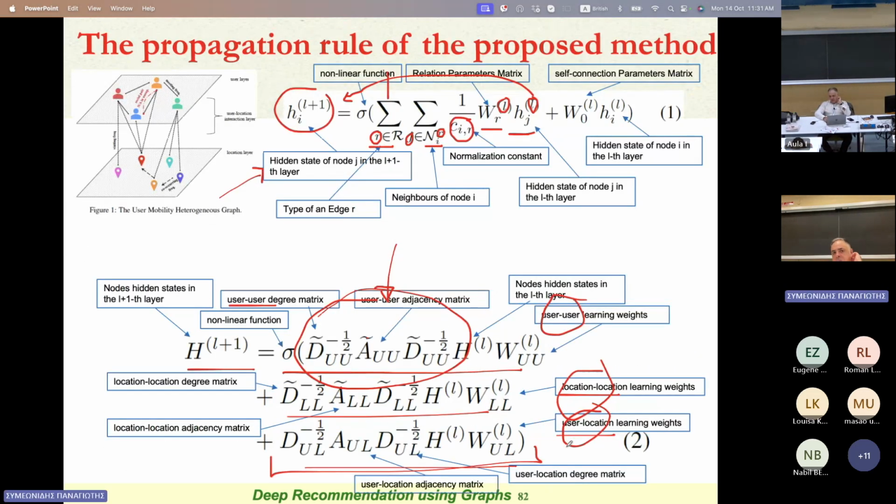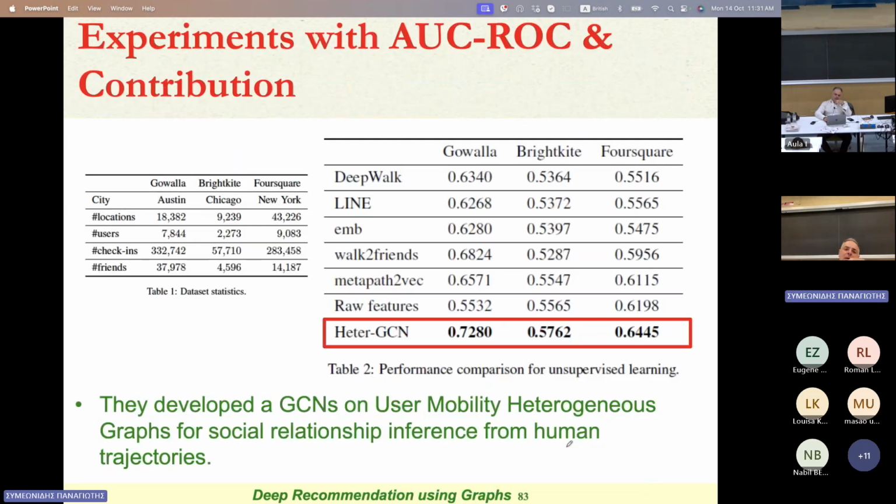So this is in essence the method. This is the loss function, and in the end, they had some experiments with 3 different data sets: Gowalla, Brightkite, and Foursquare.